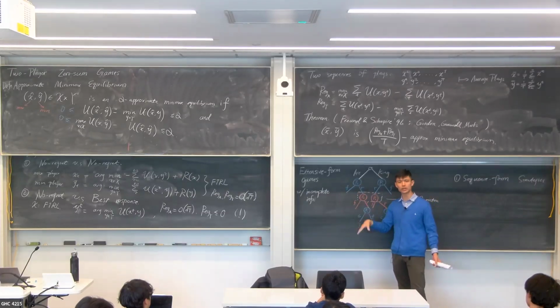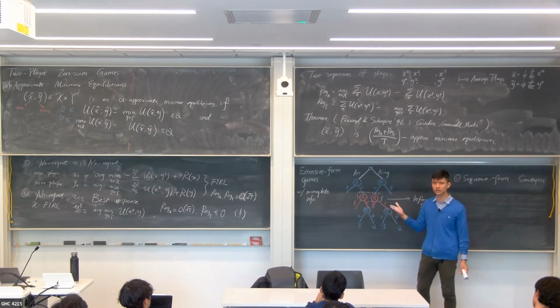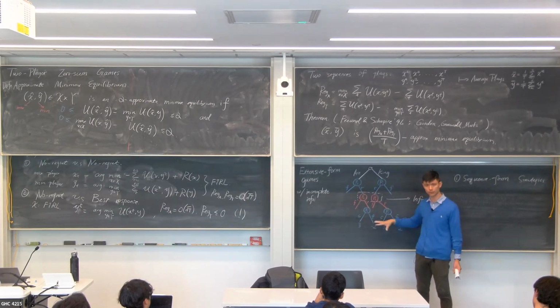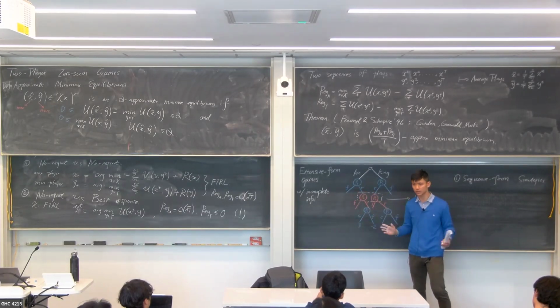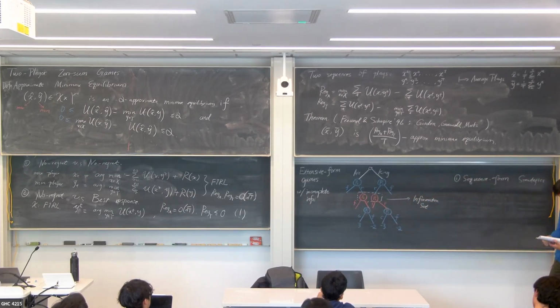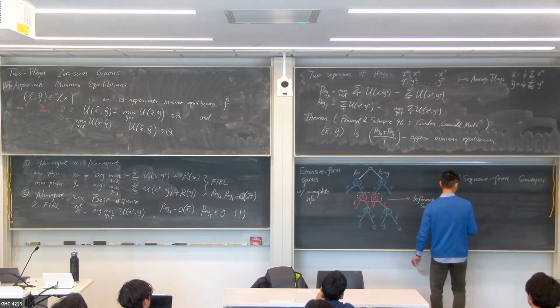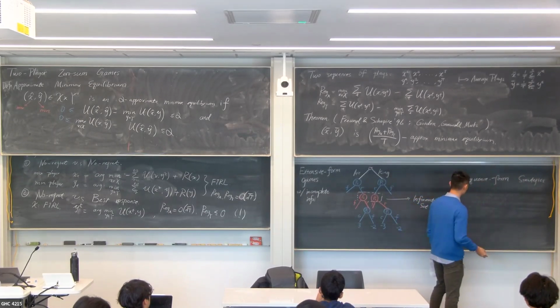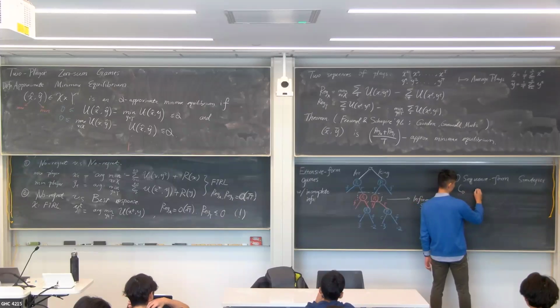Water only goes down, and eventually it will stop at some leaf. This sequence form strategy representation is just modeling how you control how much water flows down to each leaf. It takes some notation to describe this, but that's really what's going on. And what's cool about this is that once you take this sequence form strategy view, this game becomes bilinear.